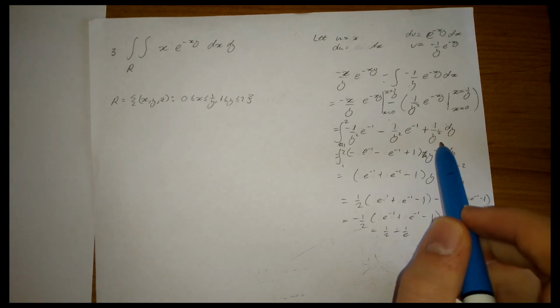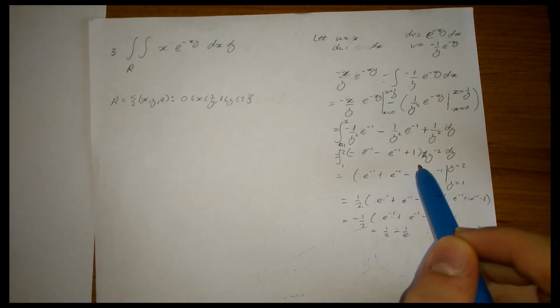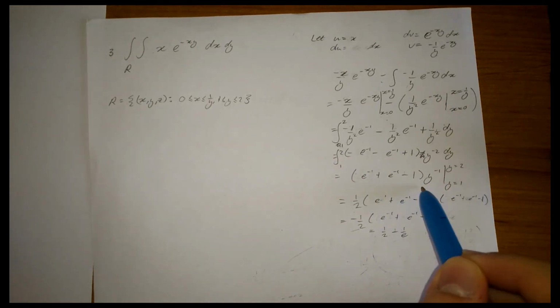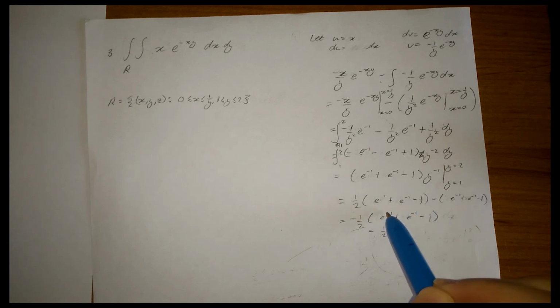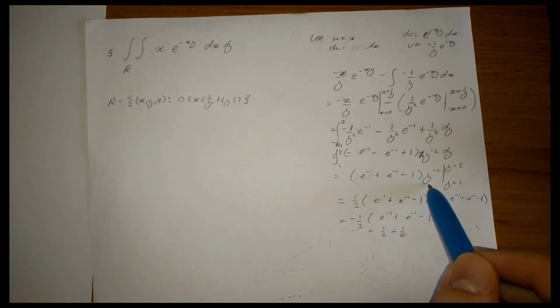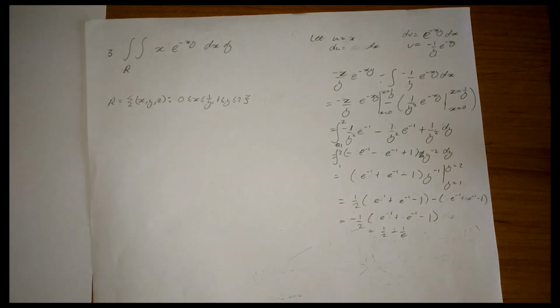So once we evaluate that, we can integrate with respect to y from 1 to 2. That all simplifies down to that. Then you evaluate from 1 to 2. And it simplifies down to half plus 1 on e.